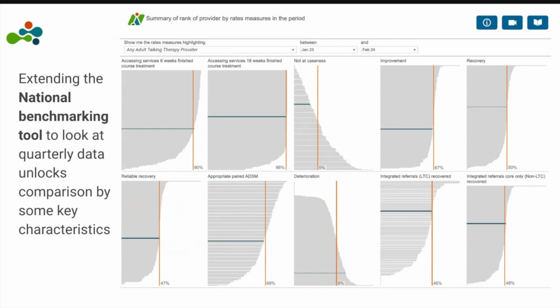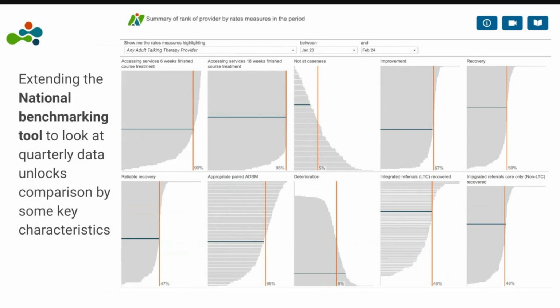They have information around ethnic category, age, long-term conditions, work status, presenting complaints, so that there are fewer metrics but much more to break the data down by.